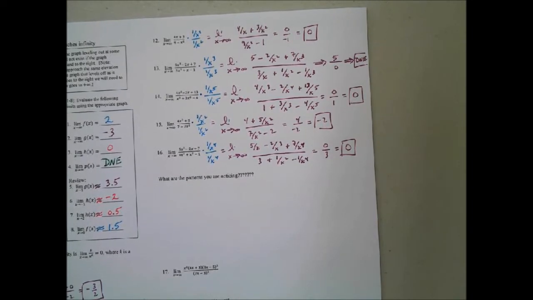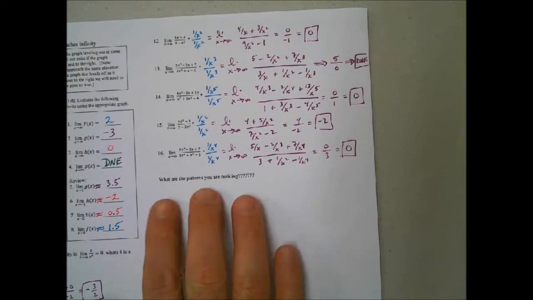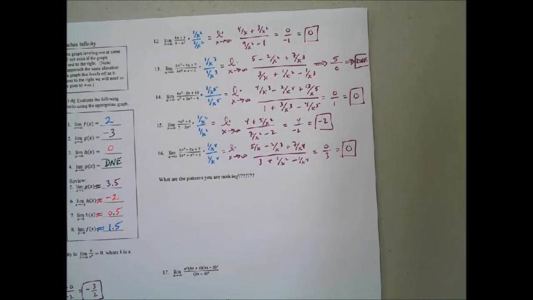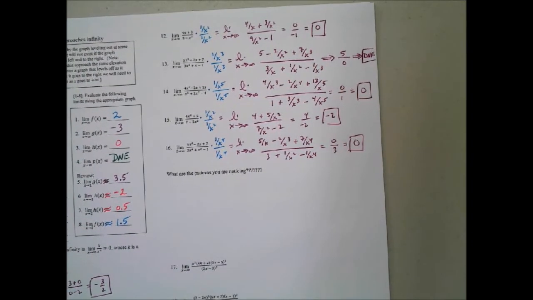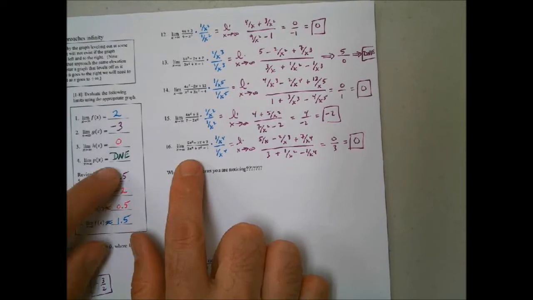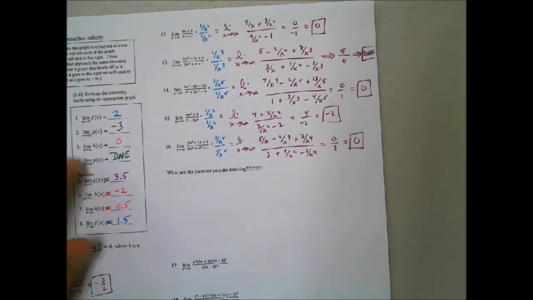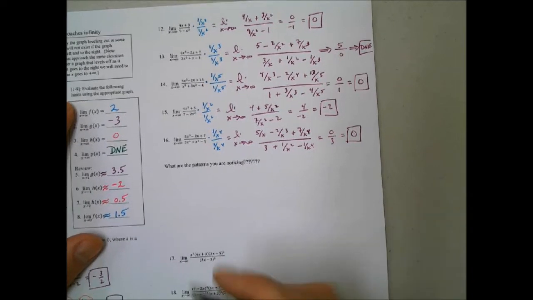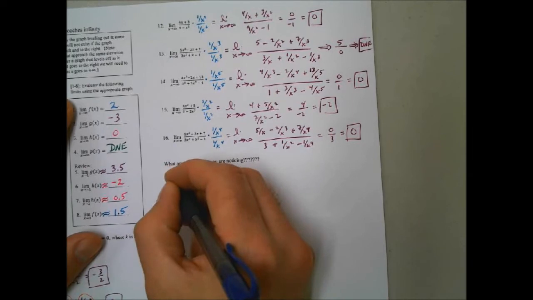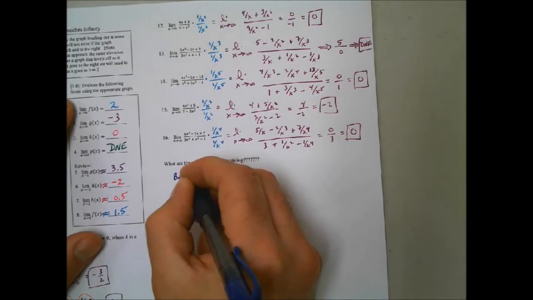Okay, so what are the patterns that we are noticing? Because there are 3 main things that we want to notice here. For example, the last problem we just did, the highest power of x was in the denominator. The degree in the denominator was greater than the degree in the numerator. And so I might refer to that one as being bottom heavy. And by the way, this only works when we're doing the limits as x goes to infinity.